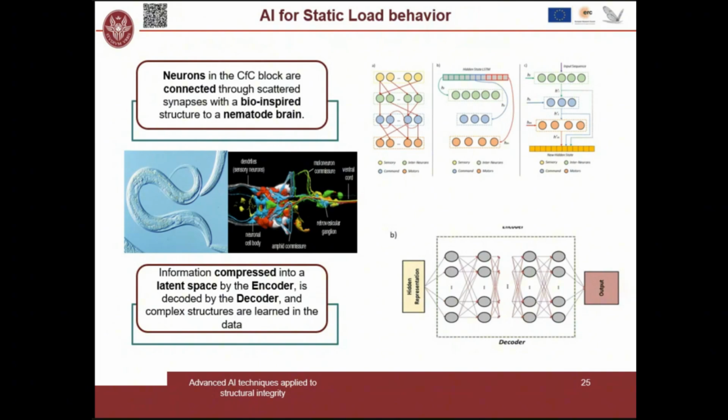So, for example, in this case, the hidden layer will be decomposed into three sub-vectors, and those vectors will go into three different layers of CFC blocks. Those blocks are the interneurons, the command neurons, and the motor neurons that are present in the C. elegans.